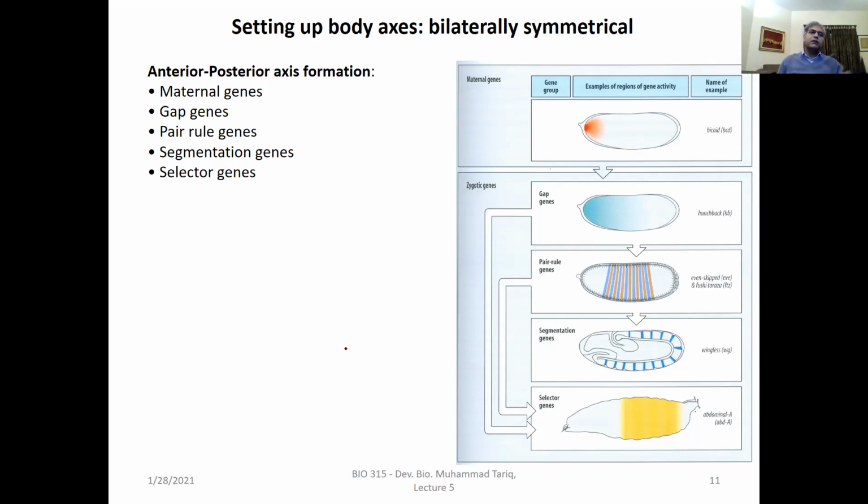So how do we know this? In the early part of the 1970s, Christiane Nüsslein-Volhard and Eric Wieschaus, they both were postdocs in Walter Gehring's lab, and they were interested in understanding how the segmental body plan is established, how segmentation takes place.